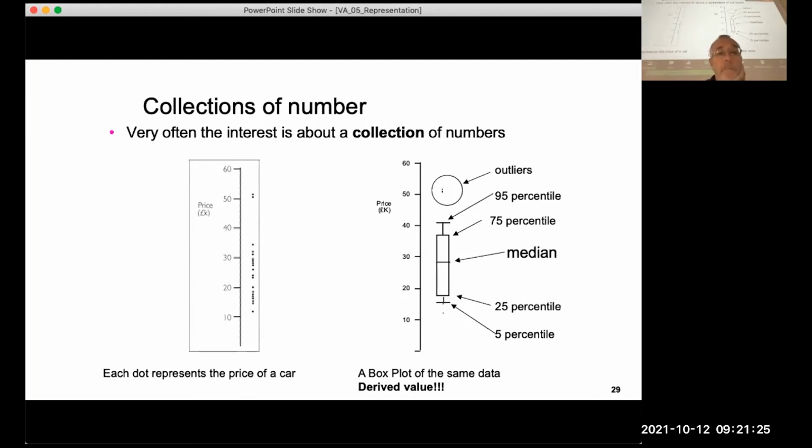You just plot the points corresponding to the values. And this is very effective because the density of these points gives you an indication. You can perceive very quickly that here you have a density of cars, here another density, this is an outlier. Very, very high, very costly cars or very cheap cars.